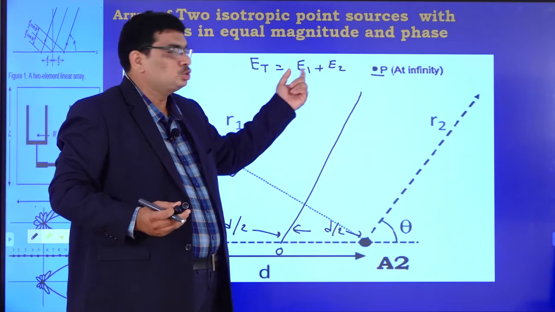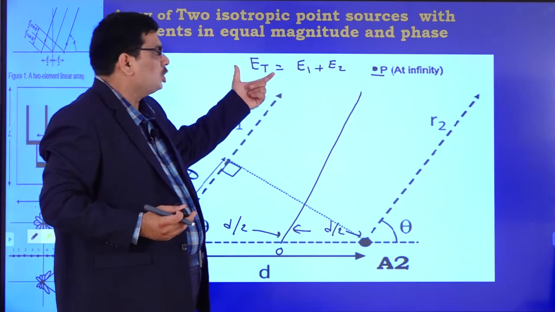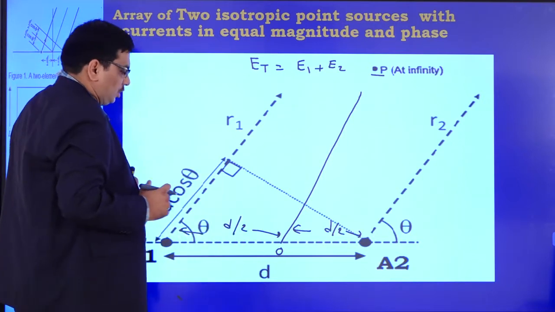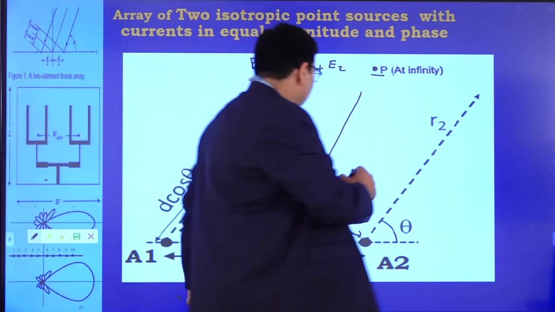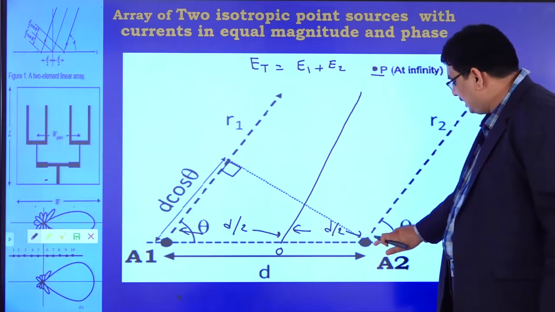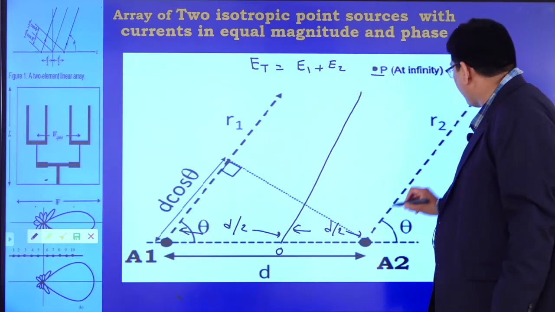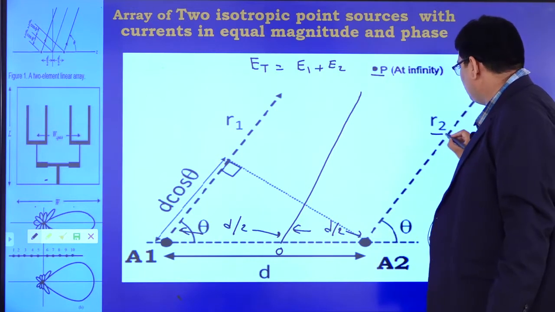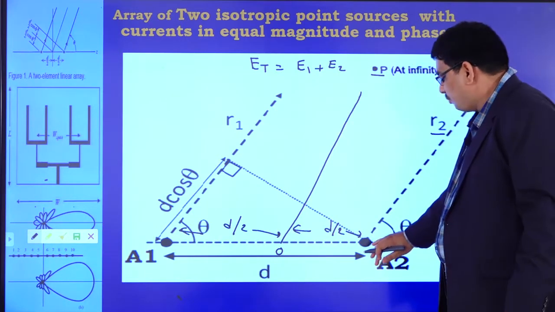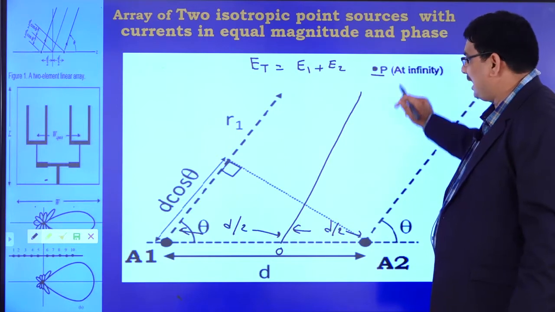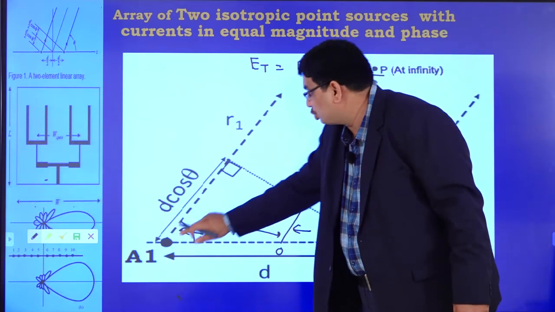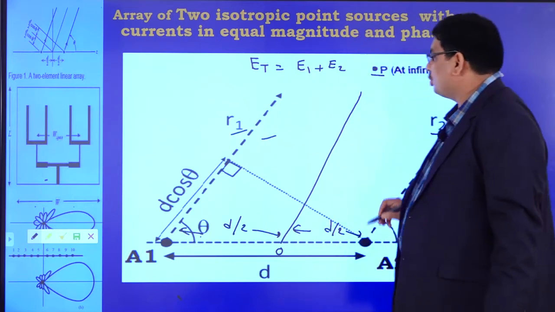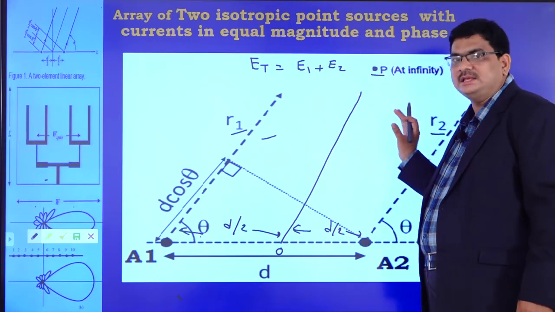The total summation of these two fields is your total radiation pattern. From the diagram, the radial distance from A2 to P is R2 and from A1 to P is R1. Both radial distances are actually equal.